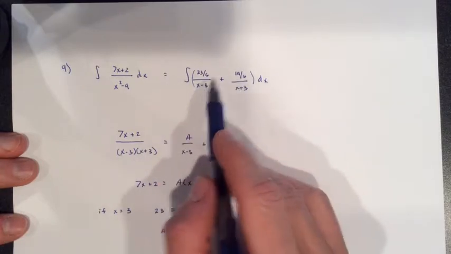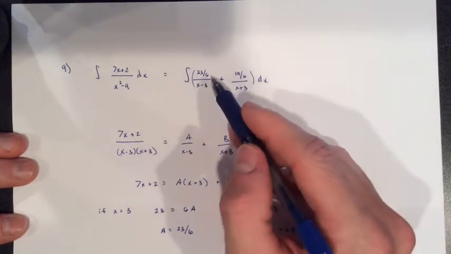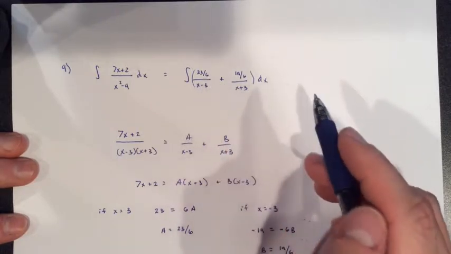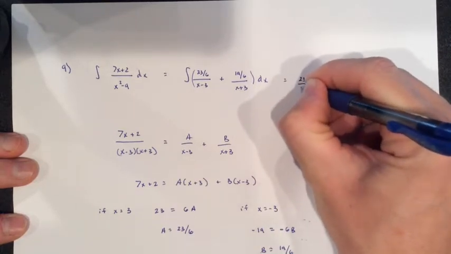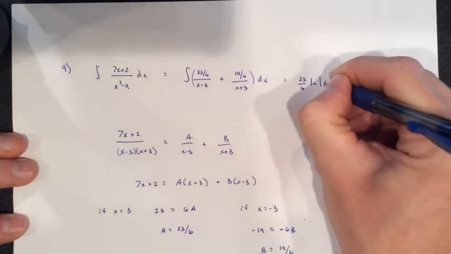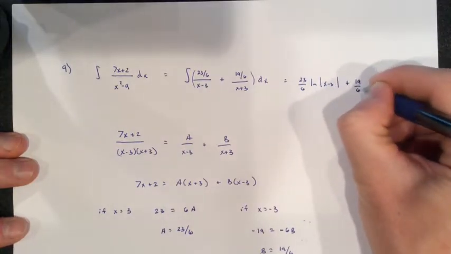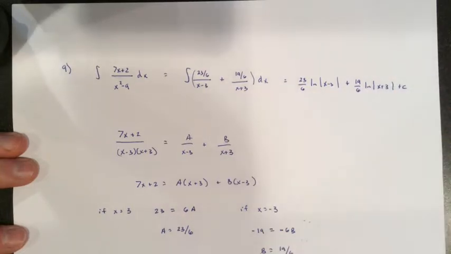They can each be factored out. If that was a 4, if that was a 10, it doesn't matter. They can just be factored out. And realistically, we're just integrating dx over x minus 3 and dx over x plus 3, and those are just logarithm rules. So then the answer is going to be 23 over 6 natural log of x minus 3 plus 19/6 natural log of x plus 3 plus c.